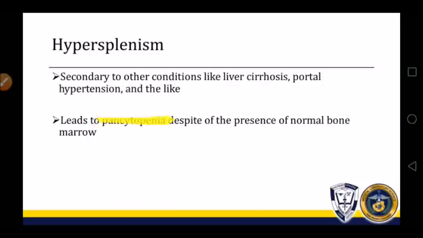What is pancytopenia? Pan meaning all, cyto meaning cells, and penia meaning decreased. So pancytopenia means the levels of all your blood cells decrease. That is because the spleen has become hyperactive and just keeps filtering and removing the blood cells that pass through it.